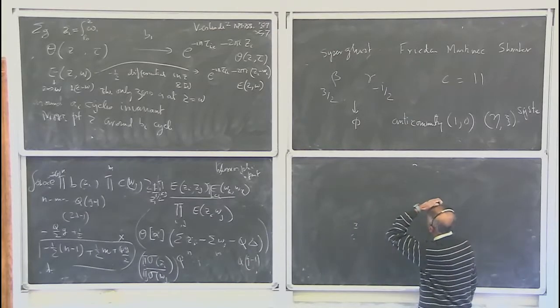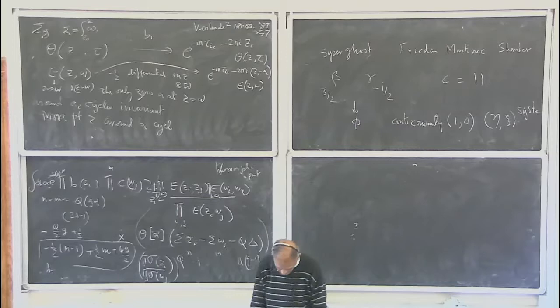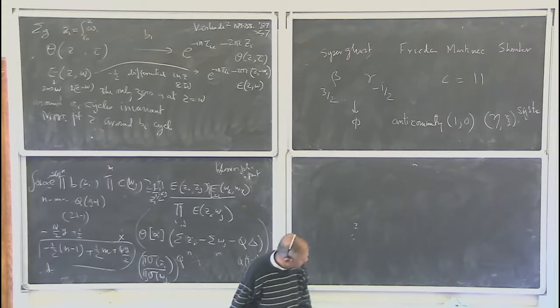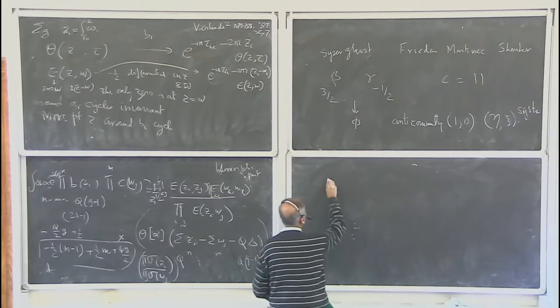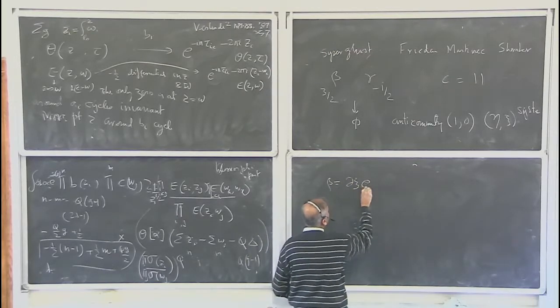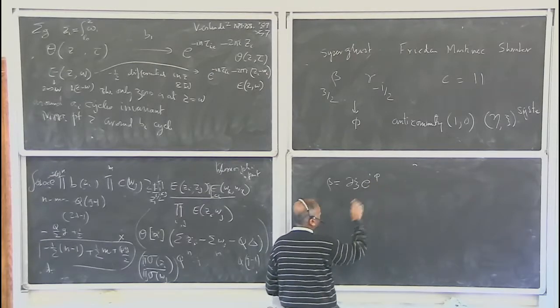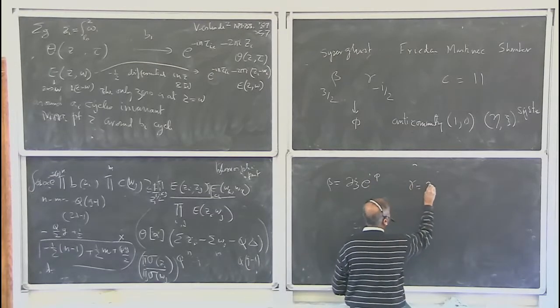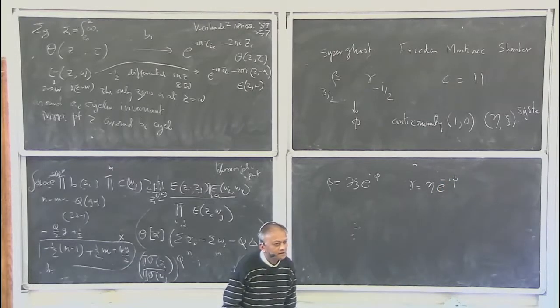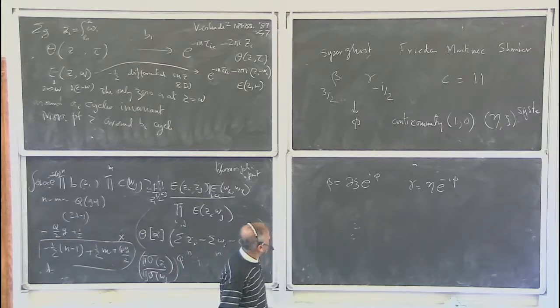Okay, so the identification was, I think, beta is d xi, e to the i phi. Or maybe I'm going the other way. Gamma is eta e to the minus i phi. Is that correct?